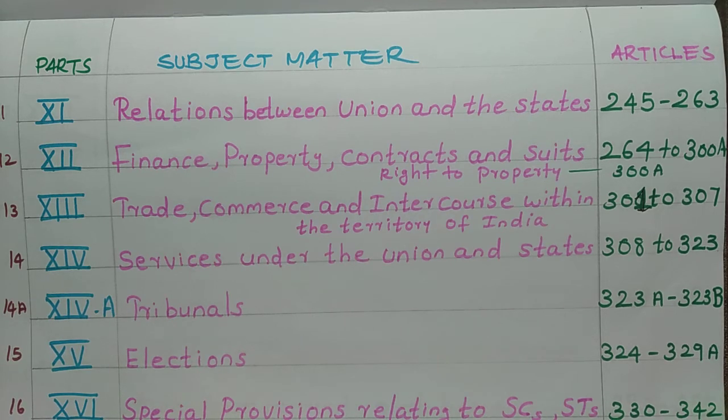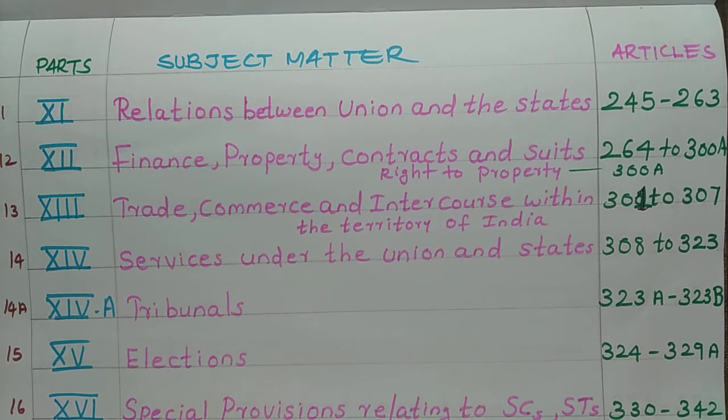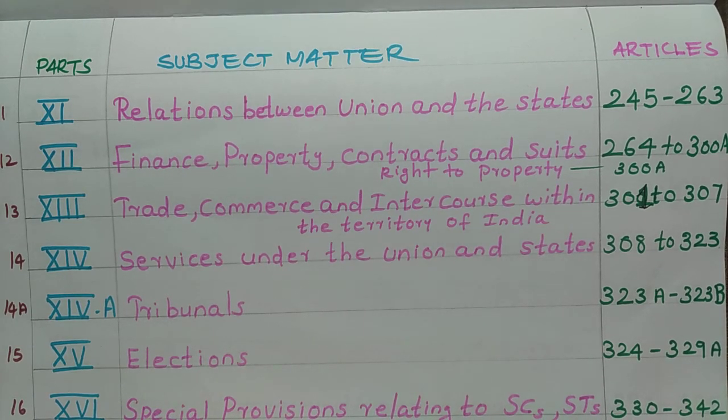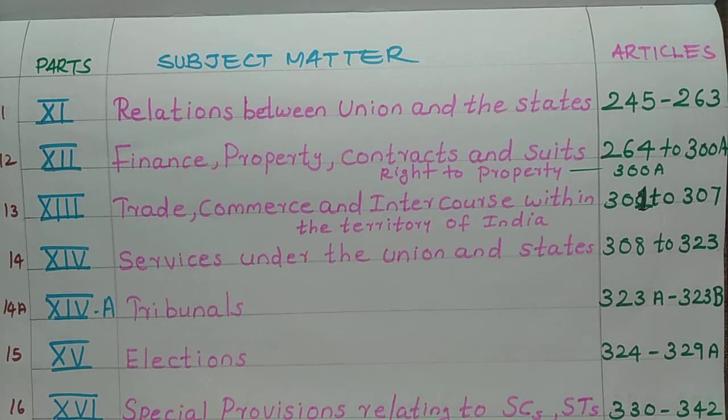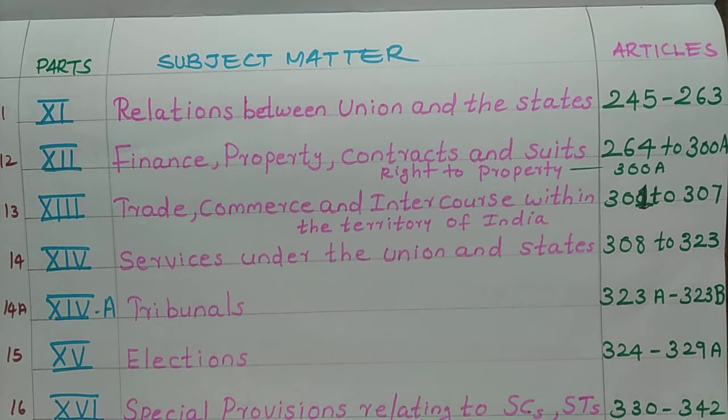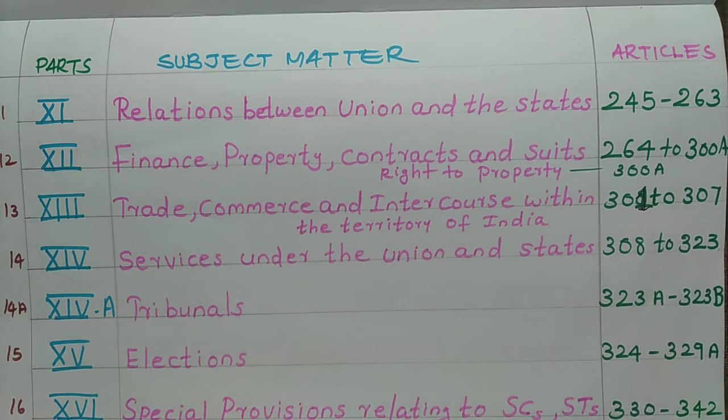So Part 16 contains the subject, special provisions relating to scheduled castes, scheduled tribes, other backward classes and Anglo-Indians. And the related articles are 330 to 342.